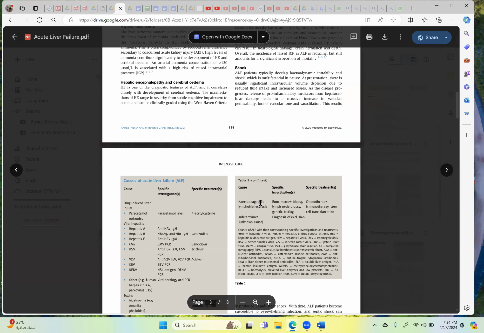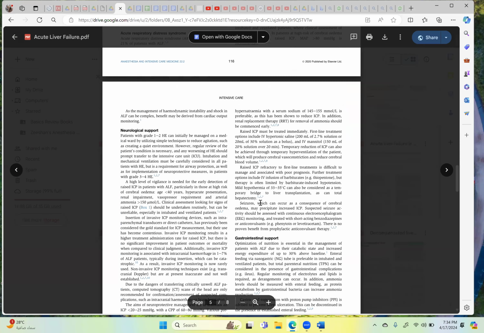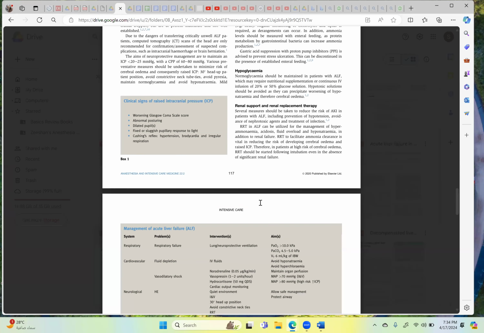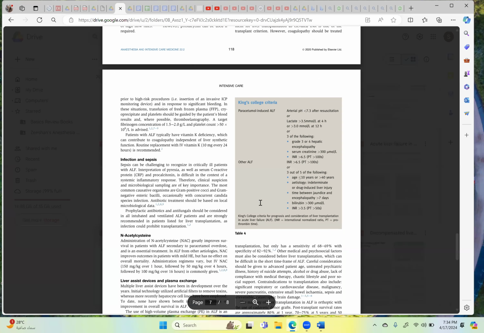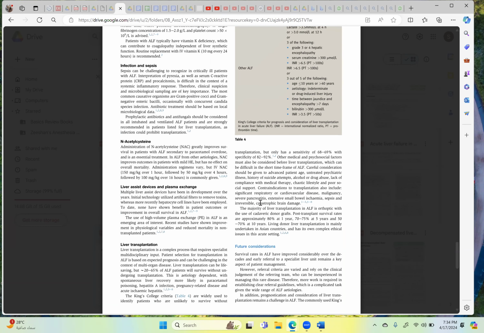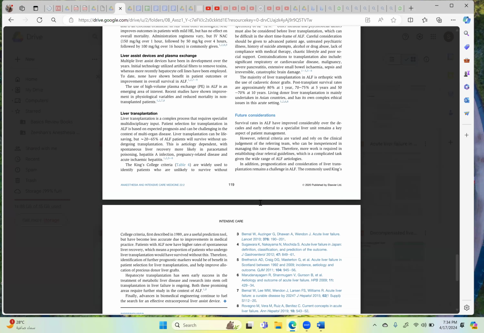It should be written here in this acute liver failure section. Yes, this is written: King's College and MELD score, and MELD and PELD. There are two scores actually: a model for end stage liver disease, and also one for pediatric.